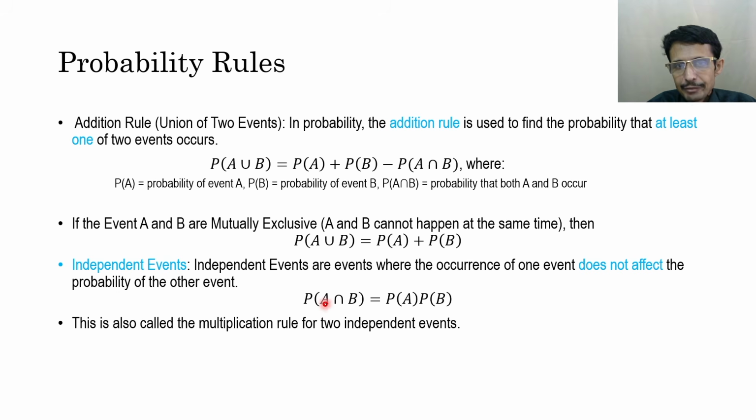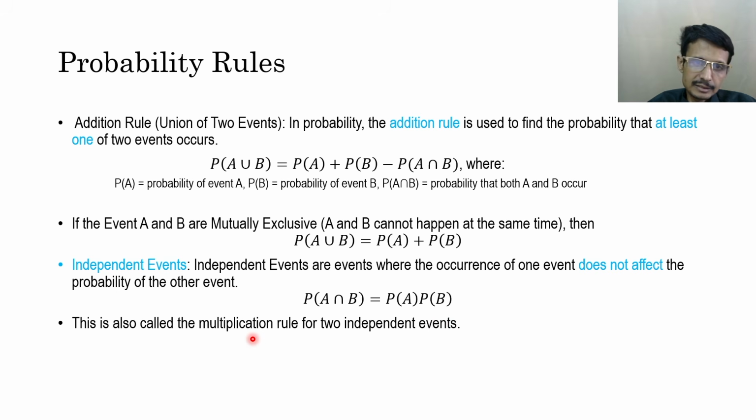Similarly, if A and B are independent, then we can write P of A intersection B is P(A) times P(B). This is also called the multiplication rule for two independent events.